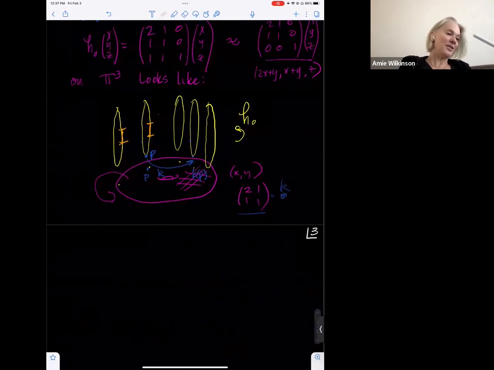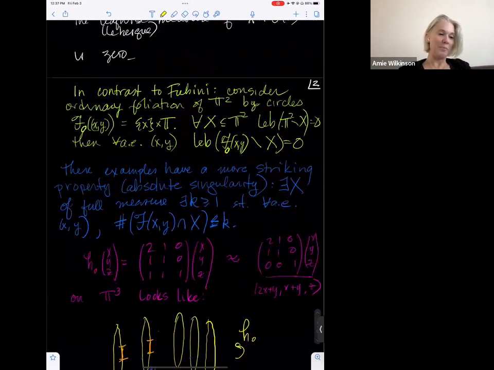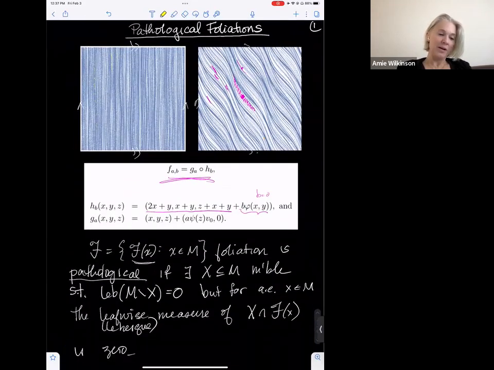So the question is, with this toy model, what happens when you perturb this? Well, the first thing I can do is set B not equal to 0. And then I have this map H_B.